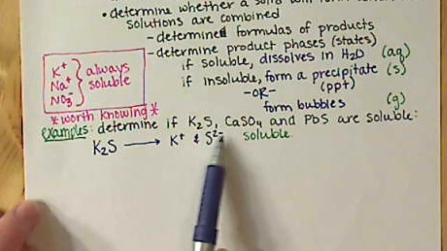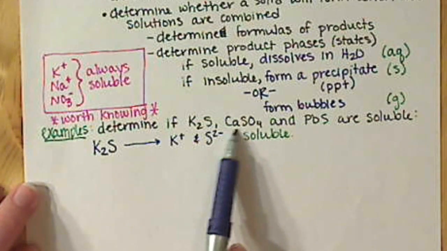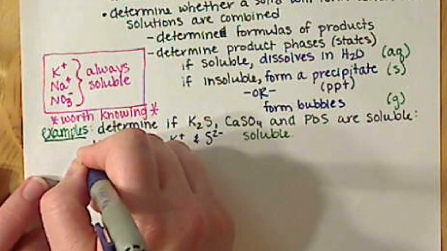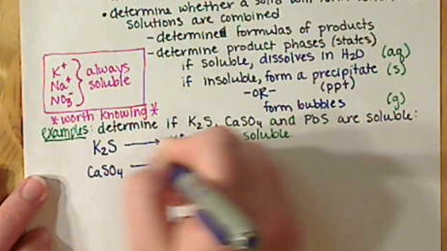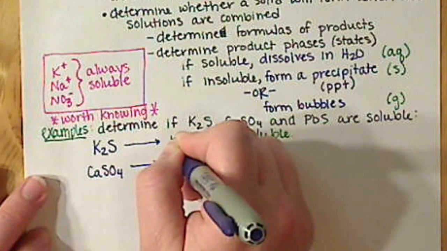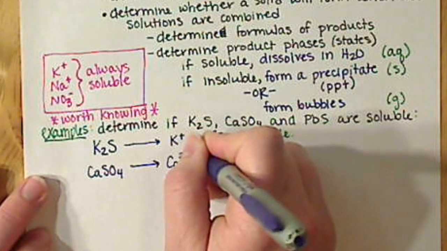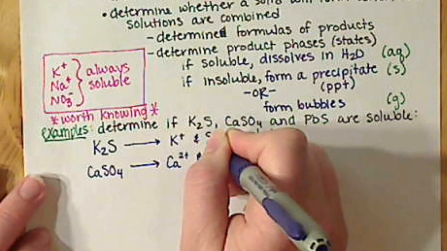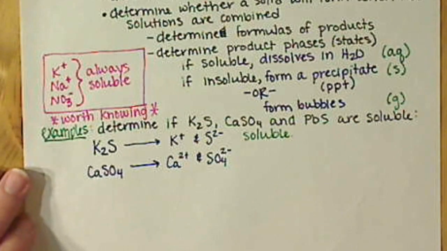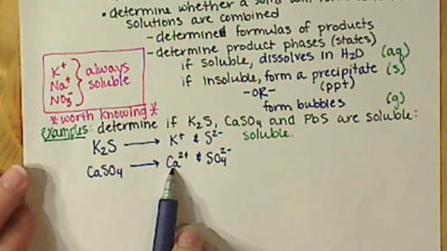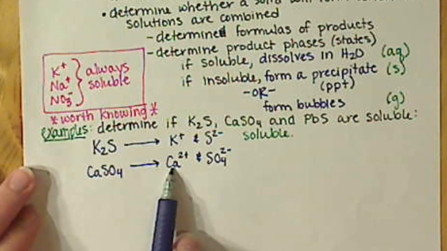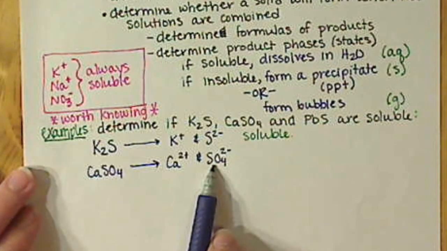All right. Our next one here, we have calcium sulfate. So this is made up of calcium 2+, and we have our sulfate ion. We'll find calcium 2+ actually isn't on the solubility rules. We need to look it up by its anion, the sulfate anion.